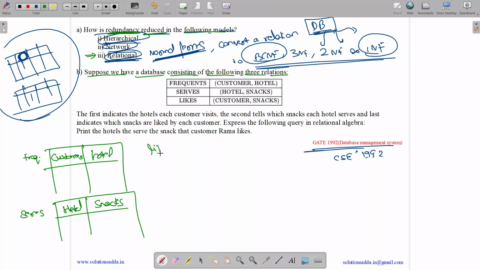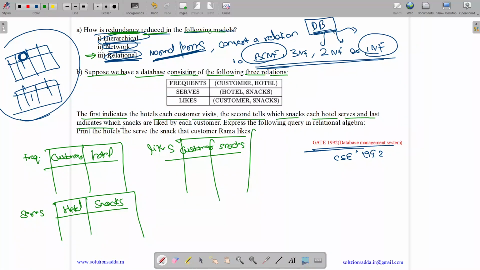Frequents tells which customer visits which hotel frequently. Likes has customer and snacks. It tells which customer likes which snack. So the first indicates the hotels each customer visits, the second tells what snack each hotel serves, and the last indicates which snacks are liked by each customer.